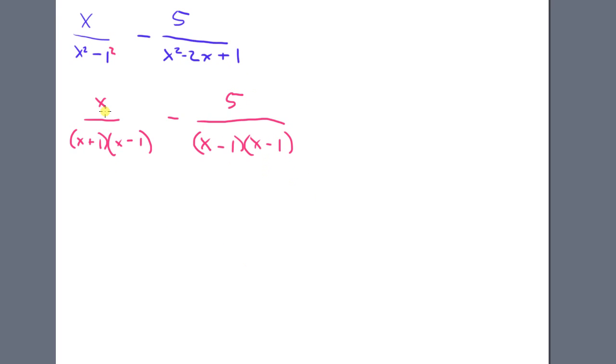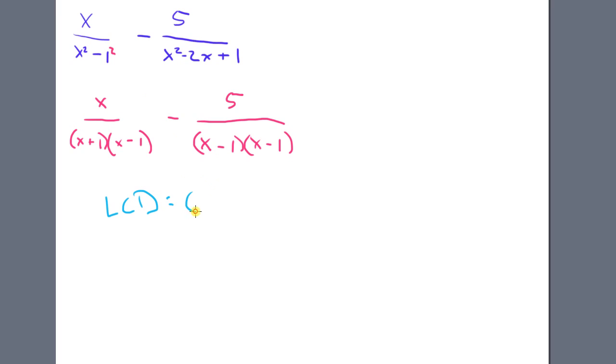And if you need review factoring, that would be a good thing to do, but I'm not going to do that in this video. And now I see I have these two fractions with factored denominators, and I need to subtract them. Whenever adding or subtracting fractions, you need a least common denominator, an LCD. And this is true if you're doing it with numbers or with these awful, terrible, big expressions.